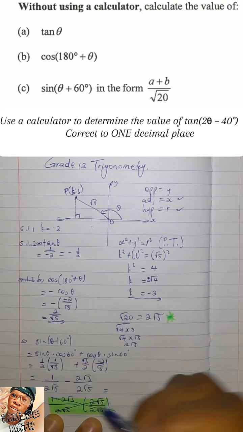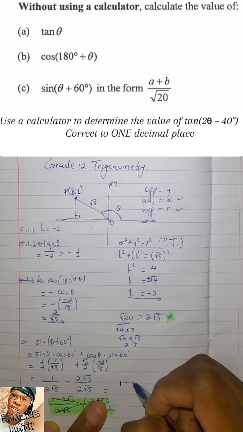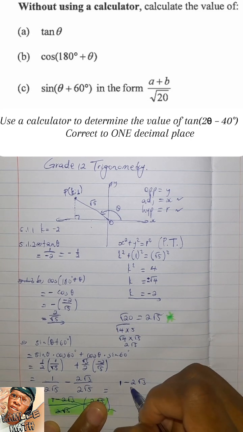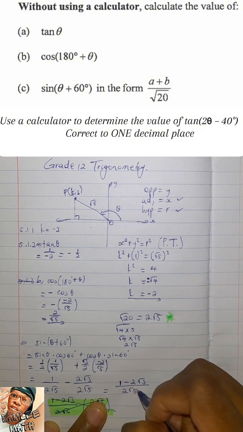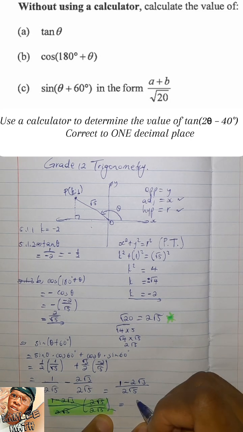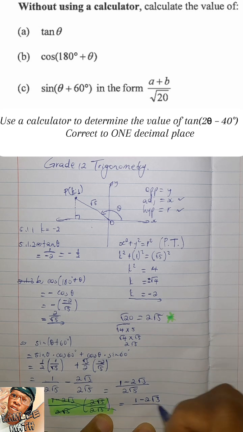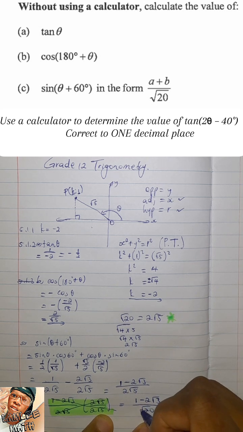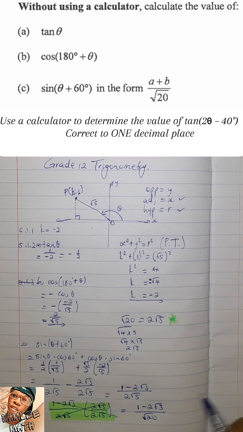So this is equal to 1 minus 2 root 3 divided by 2 root 5, right? And then we know that 2 root 5 is equal to root 20. So 1 minus 2 root 3 divided by root 20. I think this is what they are looking for, because they said in the form a plus b divided by root 20.